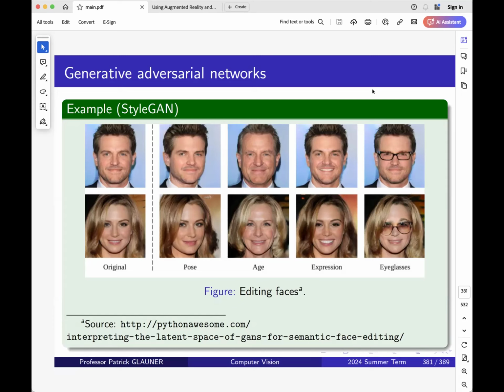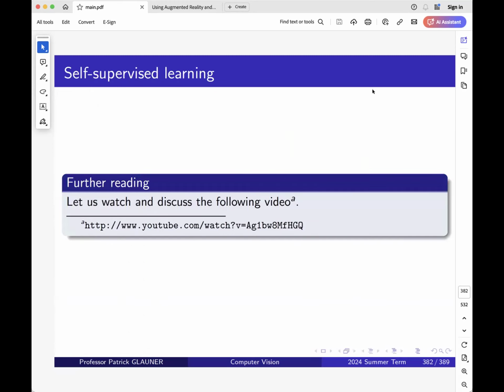So these generative adversarial networks have become quite popular with lots of applications in vision, but lots of other applications in other domains as well. I don't remember that a lot of groups have used them in their past projects because it's, again, a more advanced topic. Some groups, I think, did, but this is also something that you could investigate further in your projects.